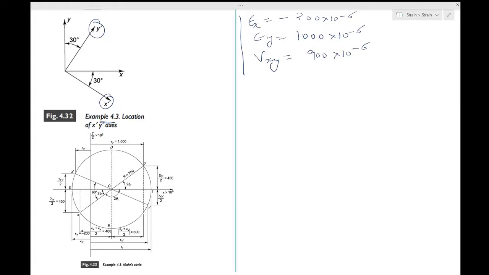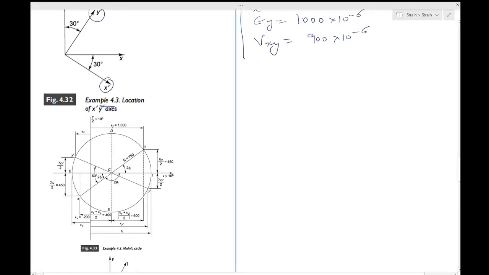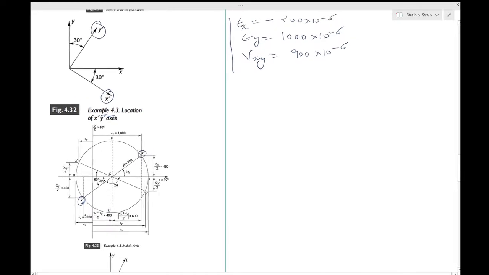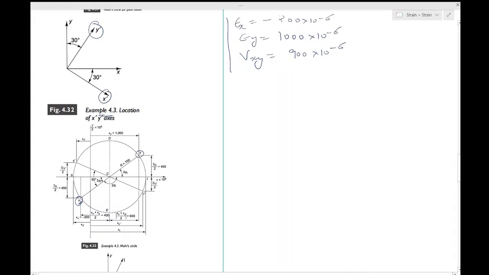So you come to this Mohr circle, and here, just like in the previous case, you have to first figure out how to draw this xy diameter, and that is easy. Your Ex is minus 200.